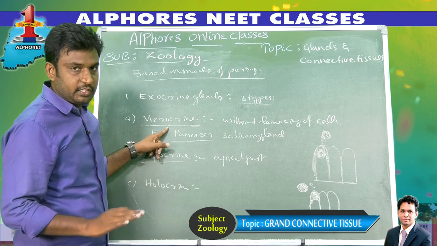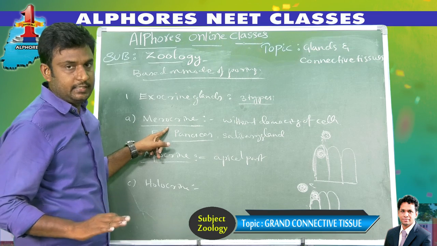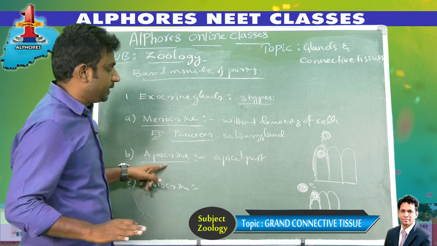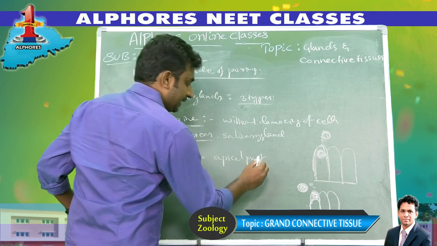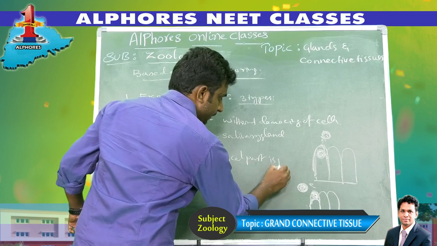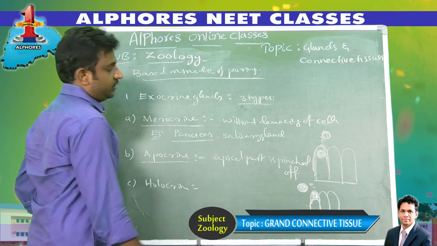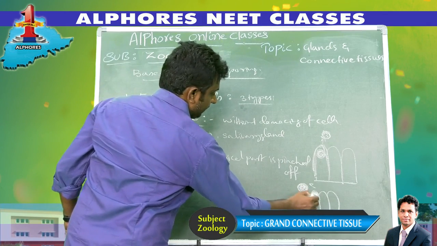Merocrine glands release the materials without damaging the cells. Apocrine means the apical part: the apical part is pinched off, and that releases the secretory material.